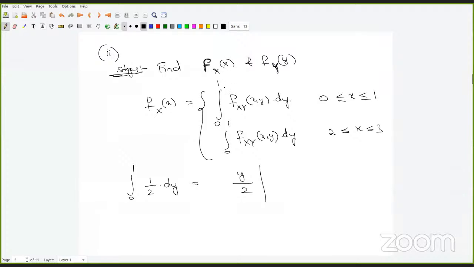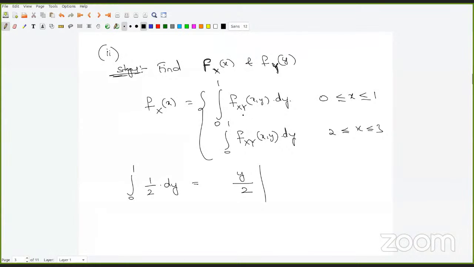If you want to understand it clearly, fxy of x is constant here and y will vary from 0 to 1. It will take all the values of fxy of x comma 0, 0.00001, like this, and take the summation. That summation is nothing but the integral 0 to 1 of fxy of x comma y dy. So we want the marginal density of x, we will sum over the unwanted random variable. That is how it will be.